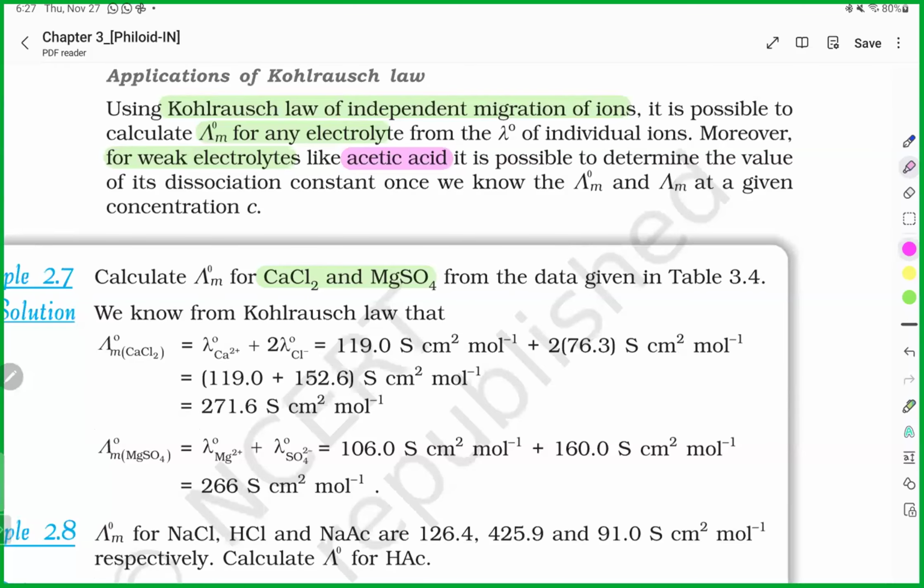So solve this question, because guys, you can't imagine, NEET has asked this question three times, ditto the same example with the same numbers. NEET always asks direct examples from the NCERT.